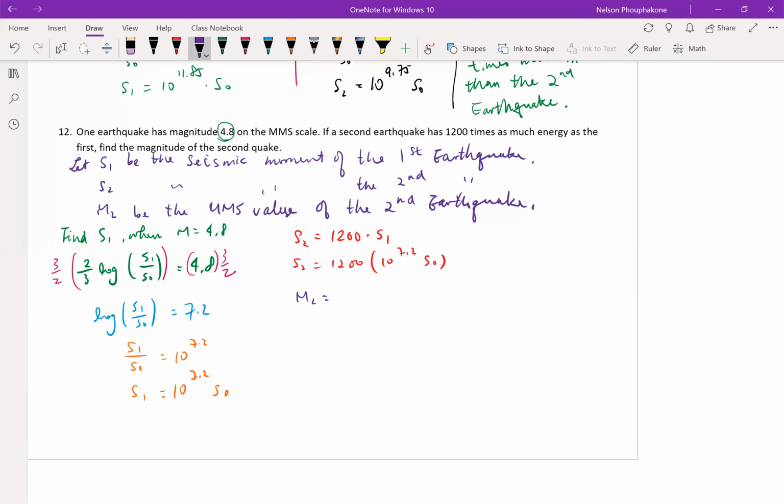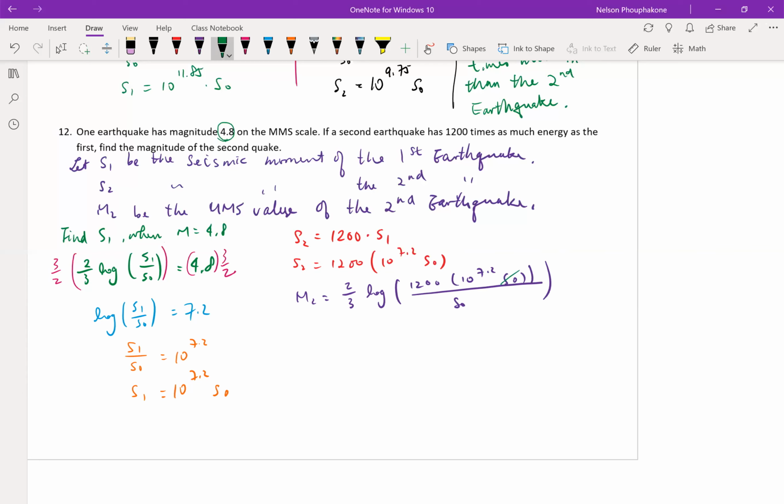So we just need to plug it into the formula, 2 over 3 log of S sub 2 over S naught, okay?